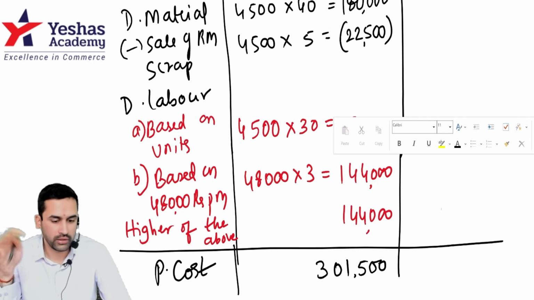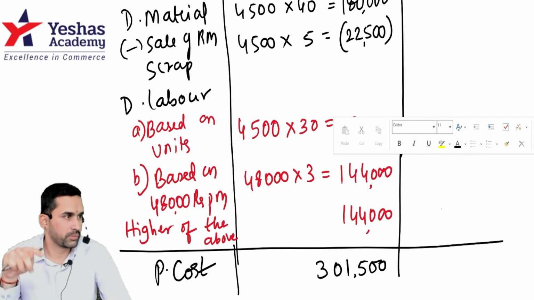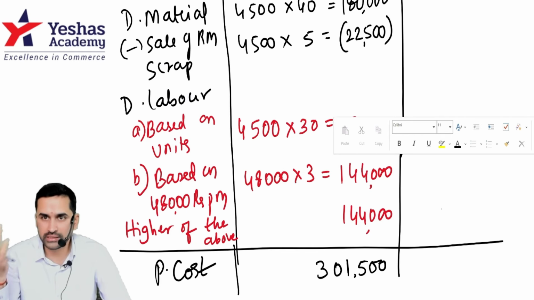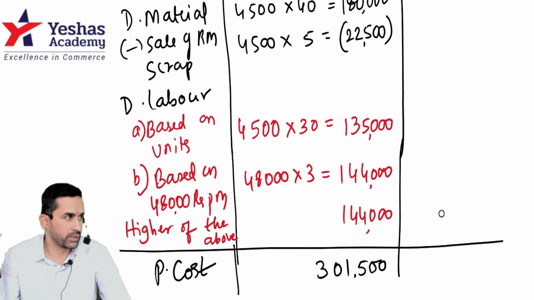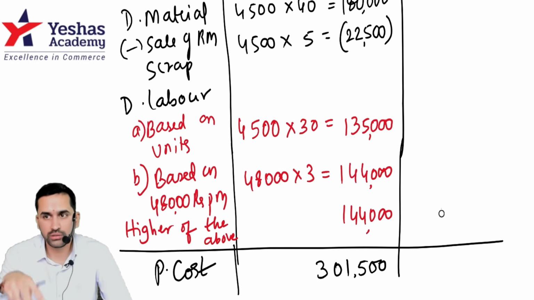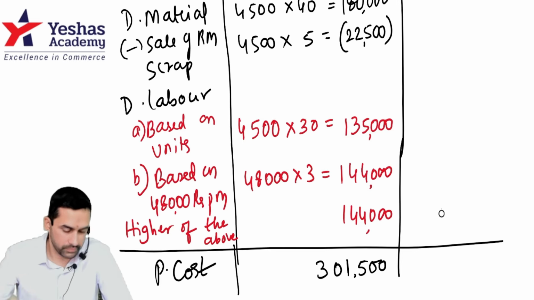When you pay on an hourly, weekly, monthly basis, it's called the time rate system. Time rate is hourly, daily wage, weekly salary, monthly salary, annual contract. All of that is time based. 30 per unit is output based, unit based, called the piece rate system. Here they have taken both. We have to pay the higher of the two.